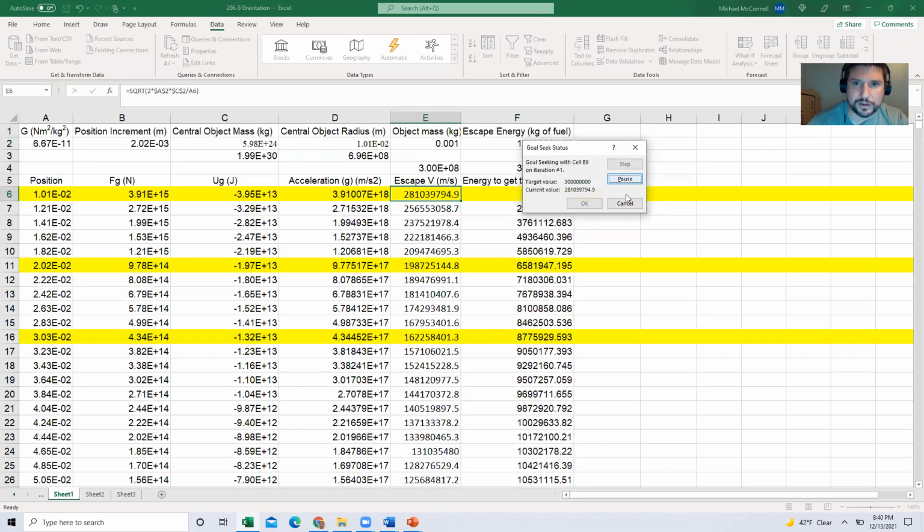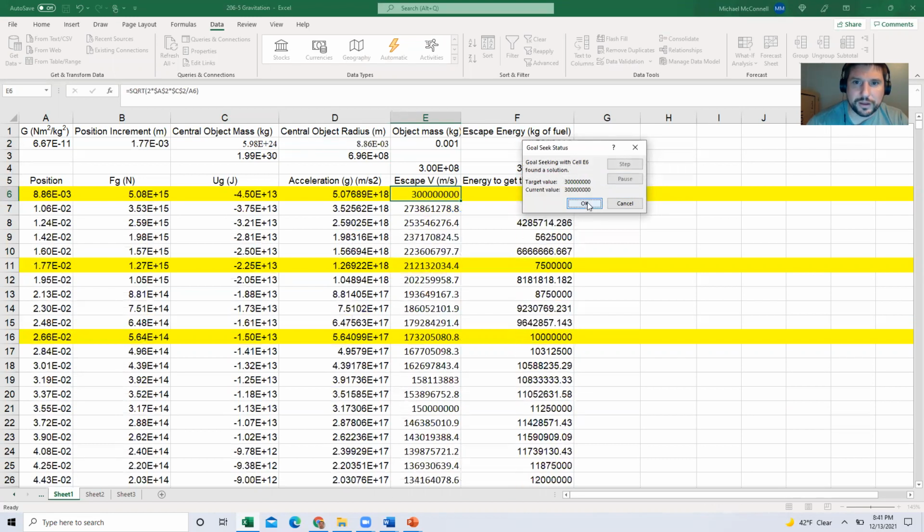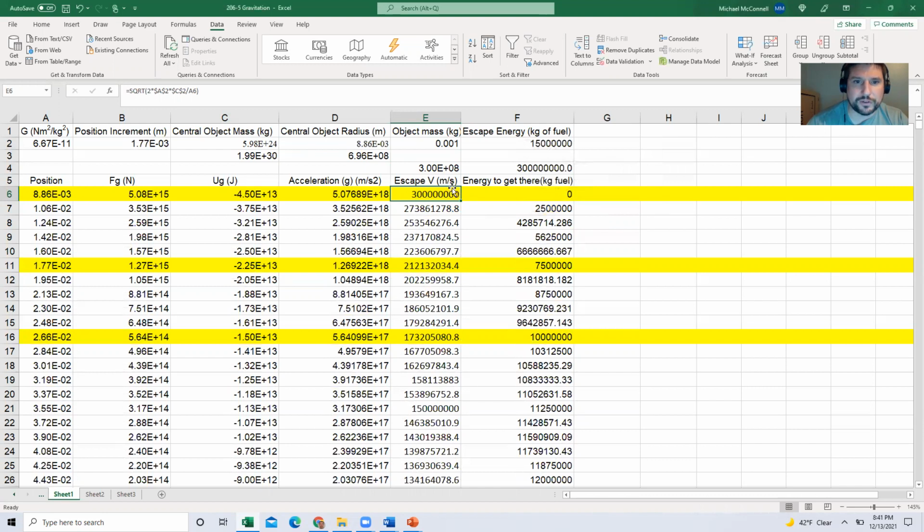And when I do that and hit OK, it tests all different values until the escape velocity equals the speed of light. And that leaves behind 8.86 times 10 to the minus 3, which is just under a centimeter, or about the size of a little peanut. That's 8.8 millimeters, or 0.00886 meters. That's about the size of the Earth as a black hole, like it was suggested in the video.